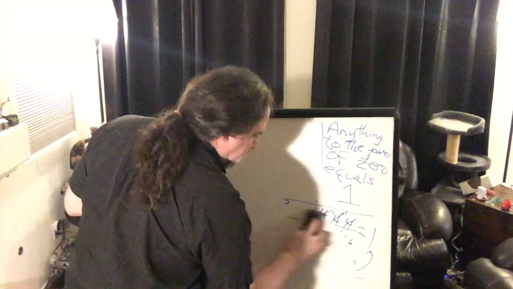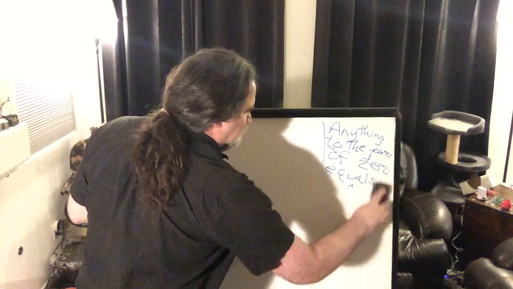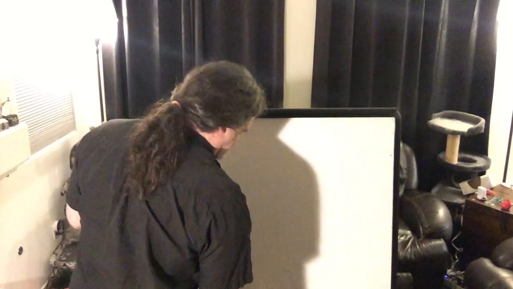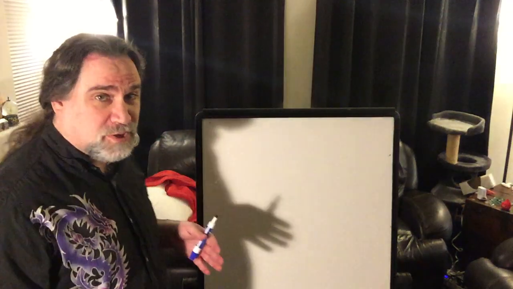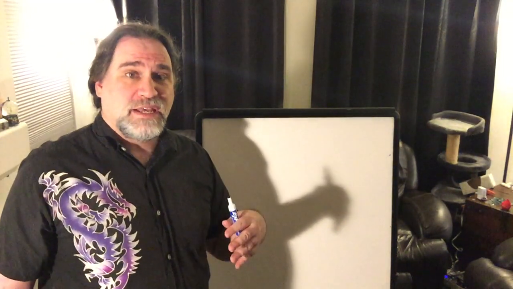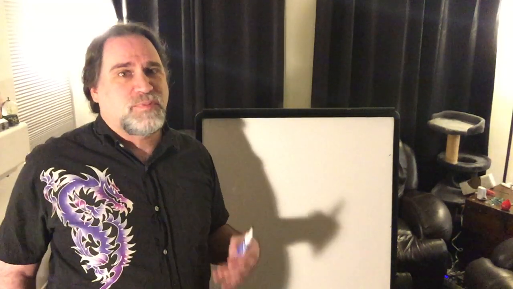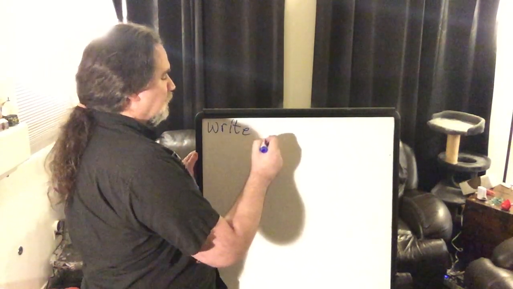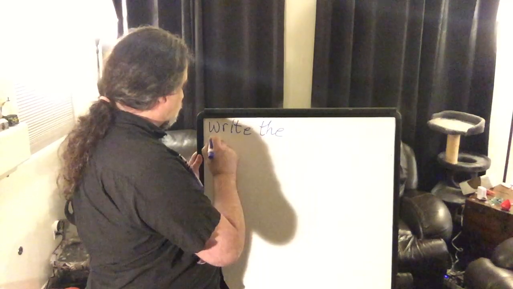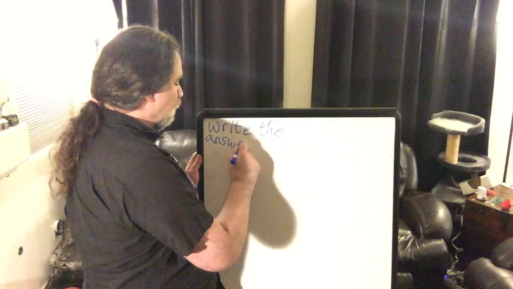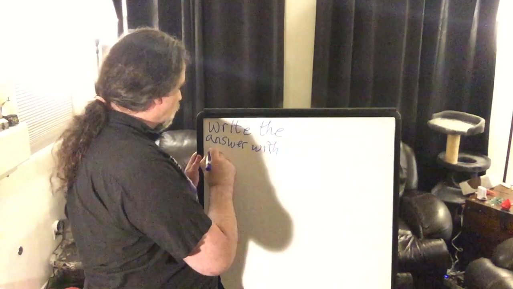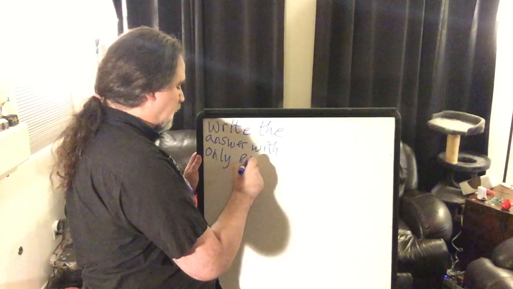Now, one of the things that makes this section a little more challenging, I mean, as if negative exponents weren't enough, okay, is when they give you something where it seems like everything's got the exponent, but it doesn't. Sometimes they'll even tell you, write the answer with only positive exponents.